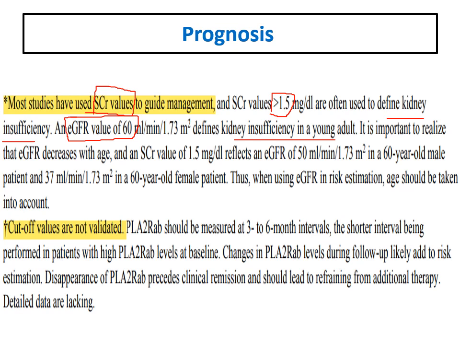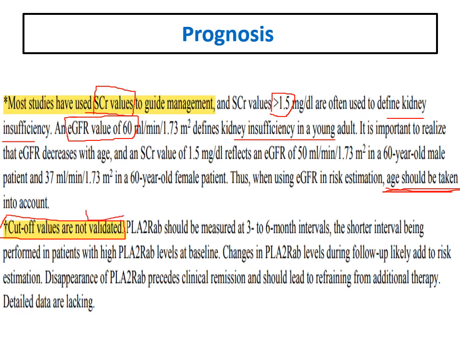So both are used, but when we are using estimated GFR, age should be taken into account. It's very important. Regarding the cut-off values, phospholipase A2 receptor antibody assays are not validated yet.